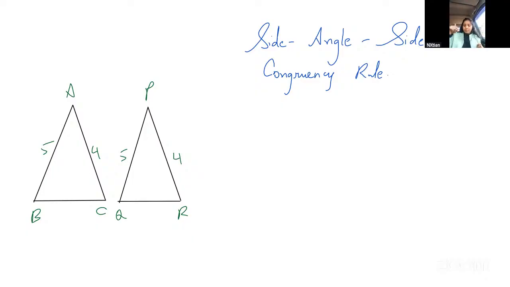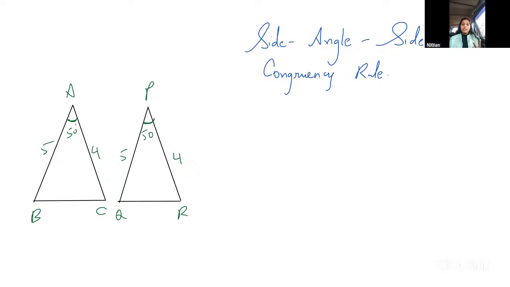This angle. Angle A comes between AB and AC, and angle P between PQ and PR. So these should be equal. If A is 50 degrees, P also has to be 50.